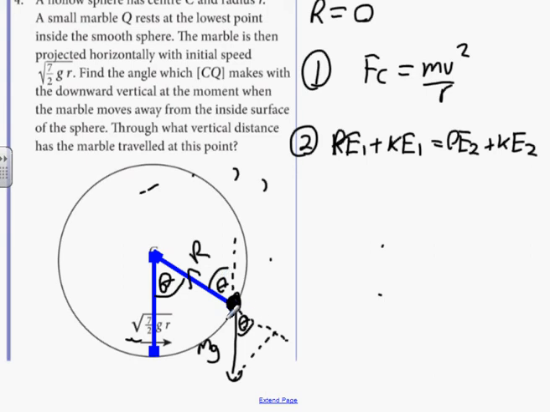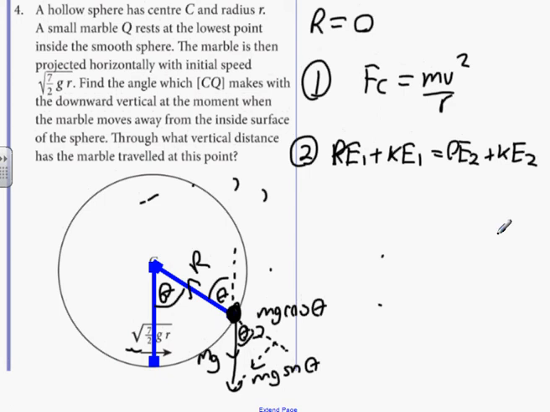I'm going for opposite angles, but yeah. Or you might see it as corresponding. I see it as opposite, you see it as corresponding. Same thing. Okay. So this is going to be mg sine theta on the way down, and on the way out it's going to be mg cos theta. Is everybody right with that?